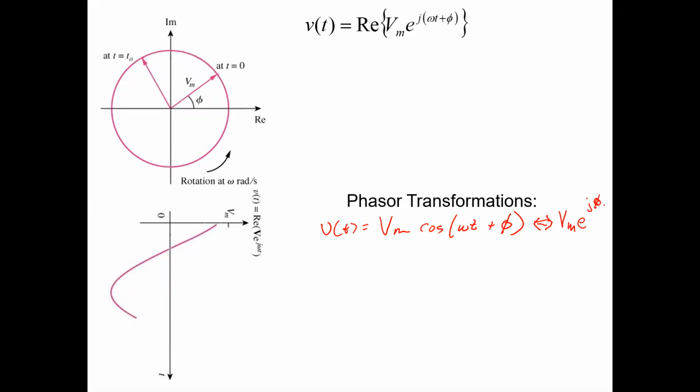Actually, we really work in that domain, and v of t is the real part of that. You do everything transformed in the phasor domain. You solve for something else.